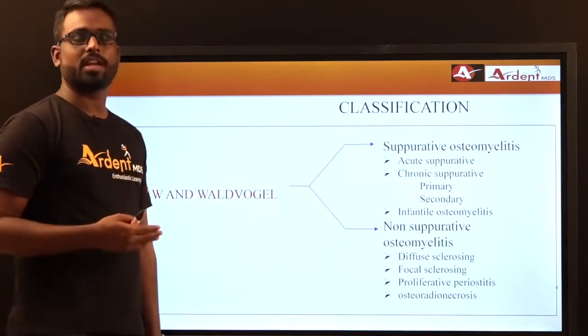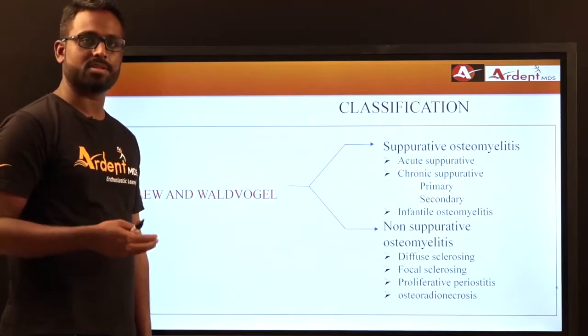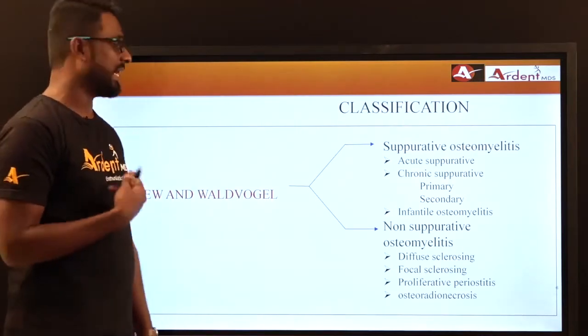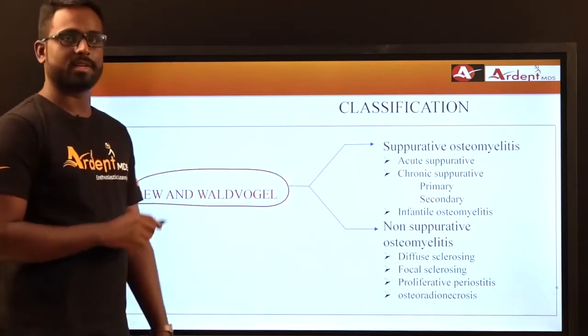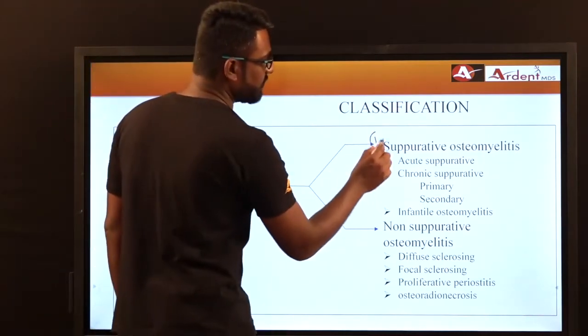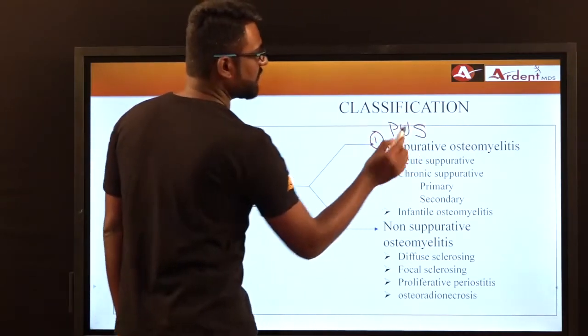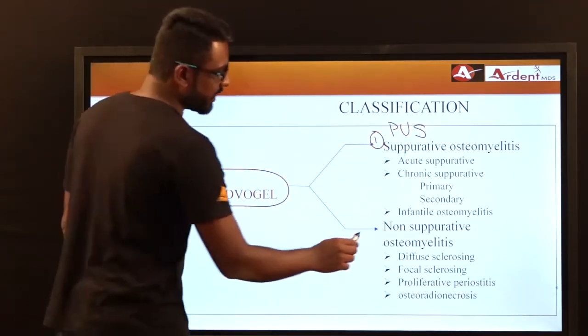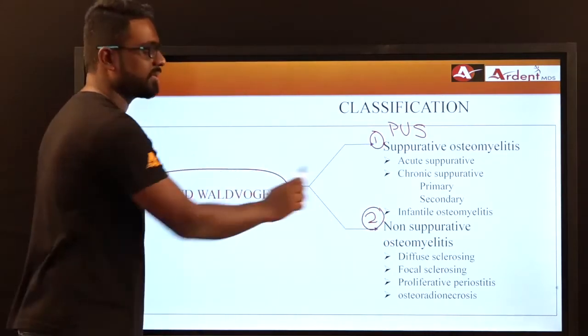We have already seen the pathogenesis, the causative organisms, the predisposing features and everything. Now we will go to the classification. The classification was given by Lucas and Waldvogel. He said osteomyelitis can be classified as, one, suppurative osteomyelitis, where there is pus discharge and the patient may have pain, and the second, non-suppurative, where there is no pus involved, that is sterile osteomyelitis.